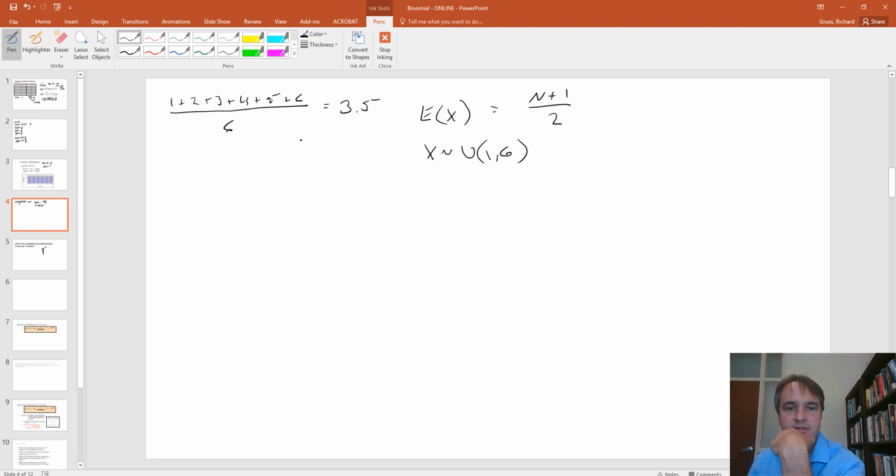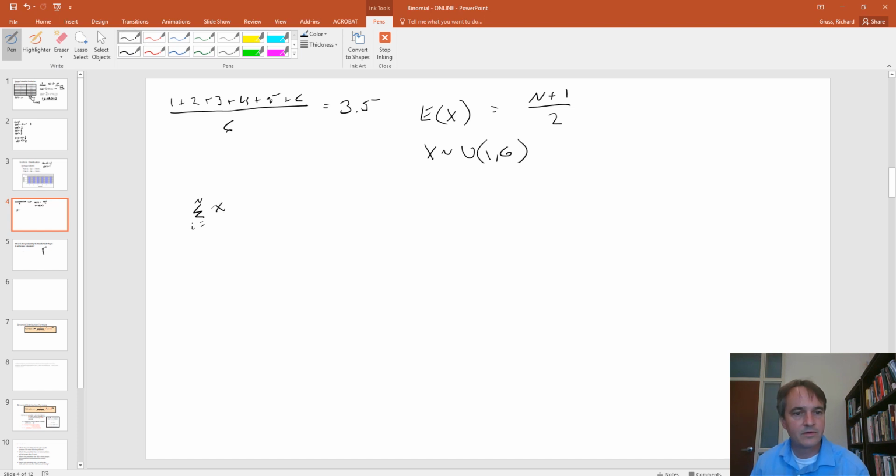Let's see if we can figure out why that works out. Let's rewrite this to be a little bit more general. Remember that the numerator is the sum of all of our integers from 1 up to n, written as x sub i.